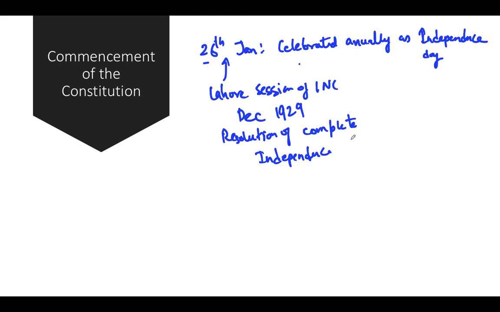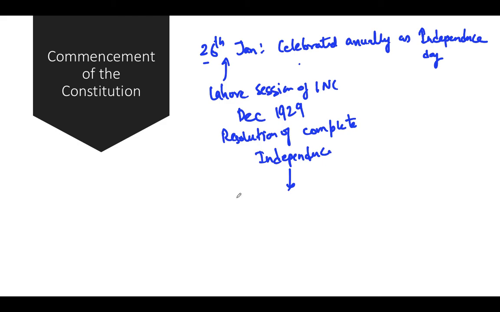Remember this point: in the month of December 1929, at the Lahore session, the Indian National Congress took the resolution for complete independence.